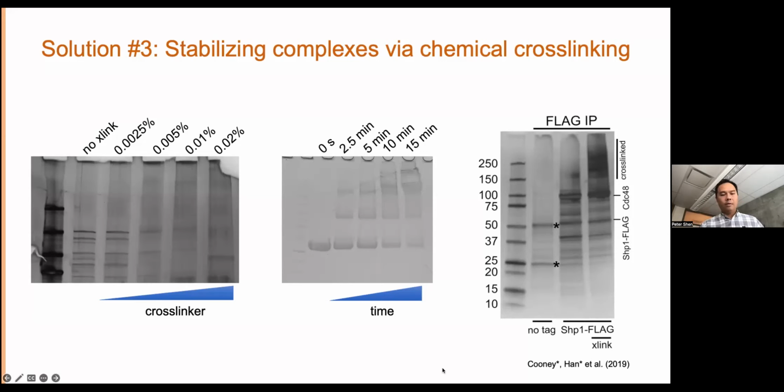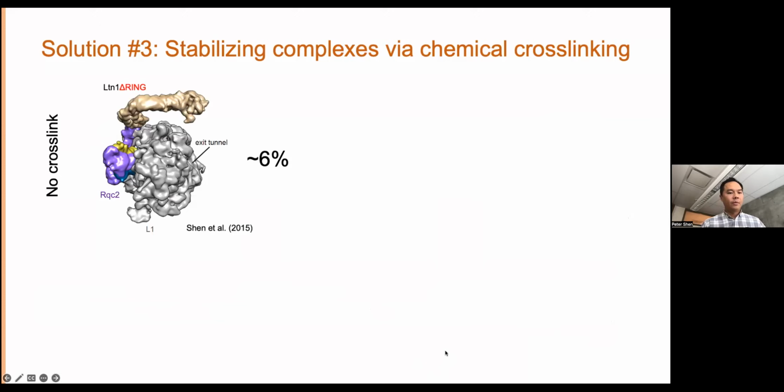All right, so let me show you some results of our efforts using cross-linking. As I alluded to earlier, by removing the catalytic domain of this LTN1 E3 ubiquitin ligase, and after extensive 3D classification, we were able to achieve a 10 angstrom structure from about 6% of the particles.